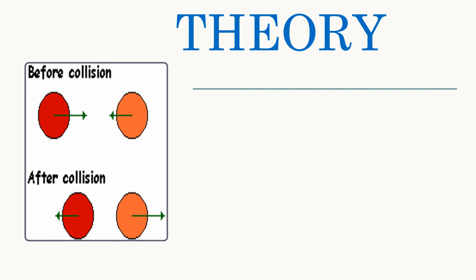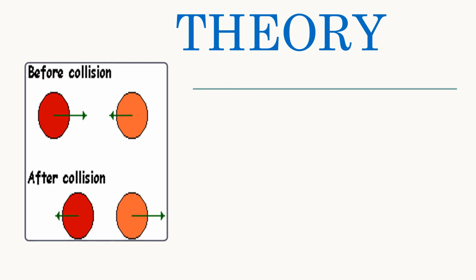Now, let us start with the theory. Suppose there are two balls A and B. The ball A has mass ma. The second ball has mass mb.